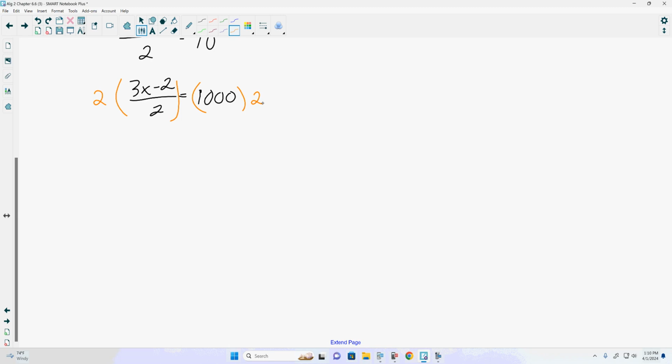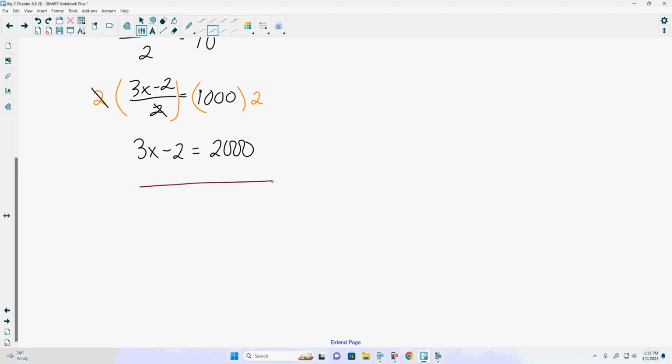Now, since our only x is to the first power, 3x, we just need to get it by itself. If we multiply both sides by 2, the 2 and 2 will cancel, telling us 3x minus 2 is equal to 2,000. What would we do next? We could take the square root, but since we don't have an x squared, we don't need to do that.